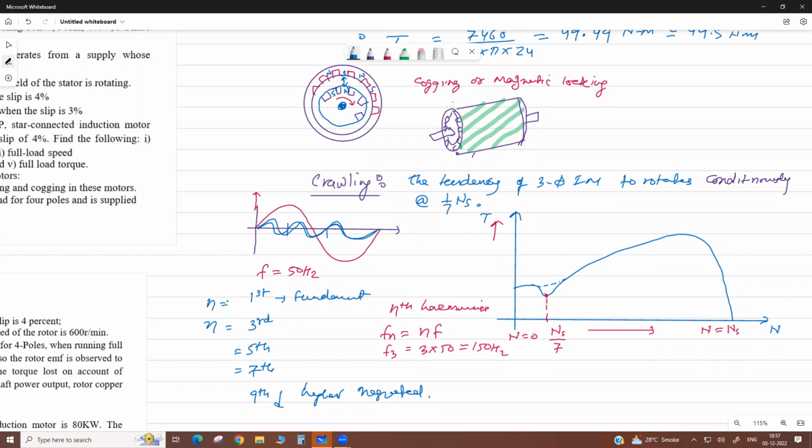The magnitude of the third is 1/3 of the fundamental. Like if we take 230 volt RMS value or 415 volt line voltage, the third harmonic voltage or current has 1/3 of this value.